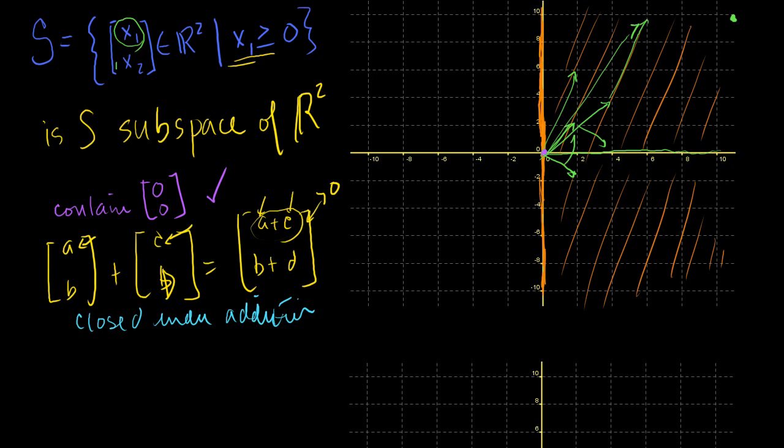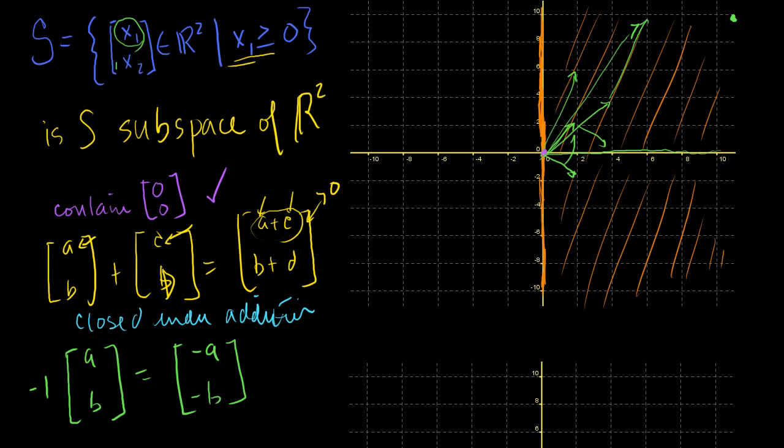Let's take a particular case here. Let's take my vector (a, b) again. Now, I can pick any real scalar. What if I just multiply it by -1? If I multiply it by -1, I get (-a, -b).